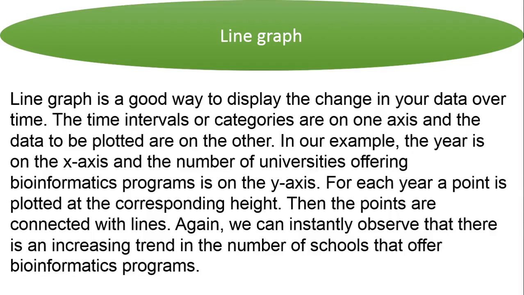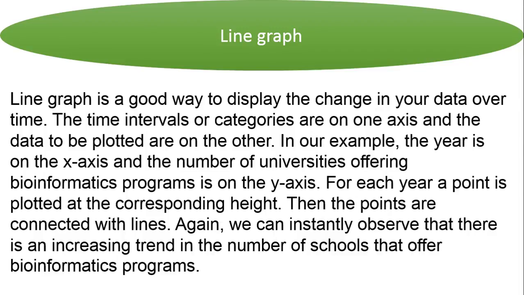That's the histogram. Another way of representing data is the line graph. A line graph is a good way to display the change in your data over time. The time interval or category is on one axis, and the data to be plotted are on the other.